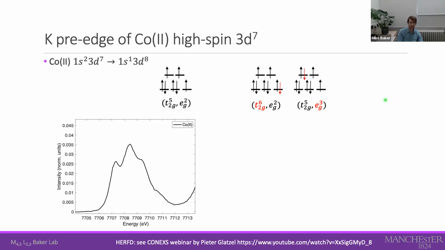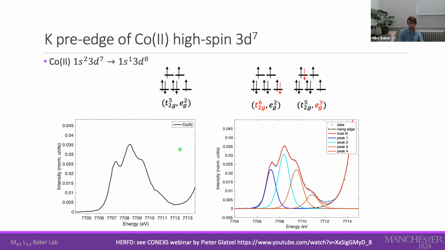However, this is what the pre-edge looks like. This is a pre-edge at slightly higher energy resolution because we've used this HERFD method, but it's still a 1s to 3d transition. If I do a peak fitting deconvolution of that, I see, in fact, what we experimentally observe are 4 peaks. So how do we interpret this?